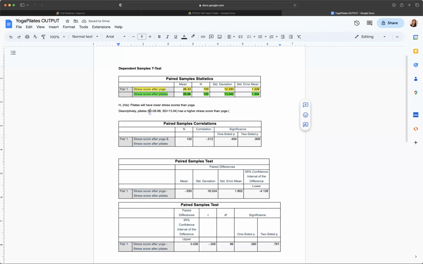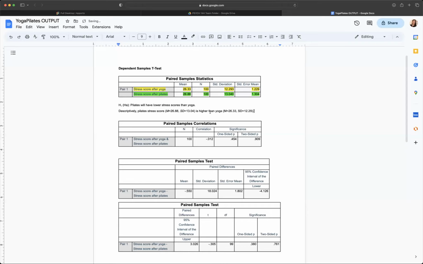And then I would italicize these. Pilates stress score, I'll simplify my language, is higher than yoga. Then I would include the yoga stress score, with a mean of 26.33 and a standard deviation of 12.29. So they're very similar.